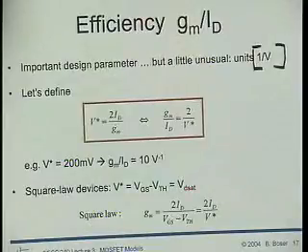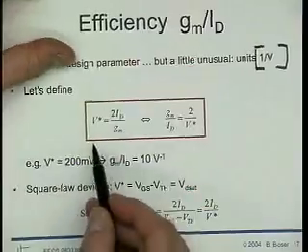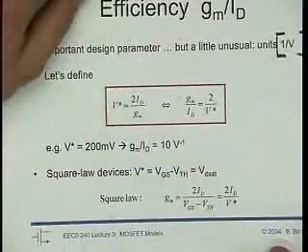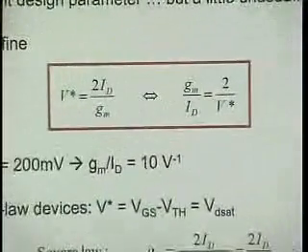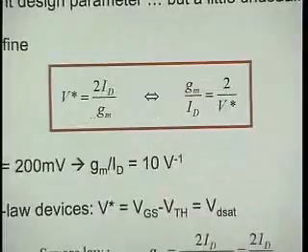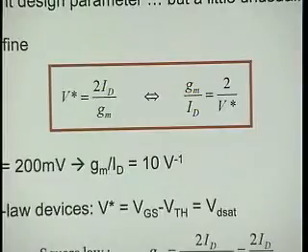So instead of using gm over ID, I define a new quantity. If you can zoom into just the red box, please. I define a new quantity, 2ID over gm, and I call this quantity V star. Okay? And then this V star happens to have a unit of volts, so that's convenient. That's a good step in the right direction.